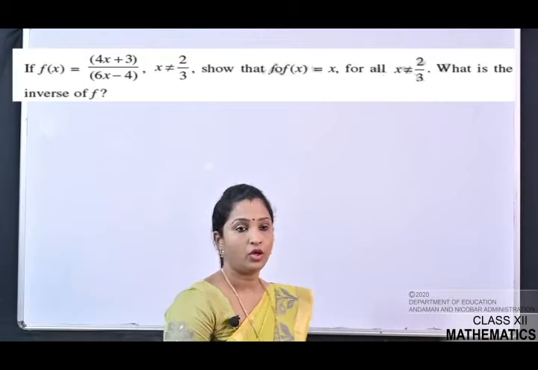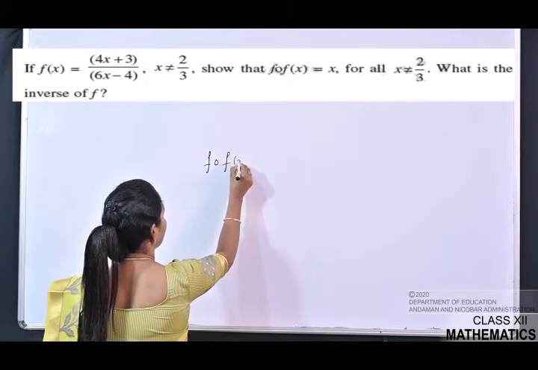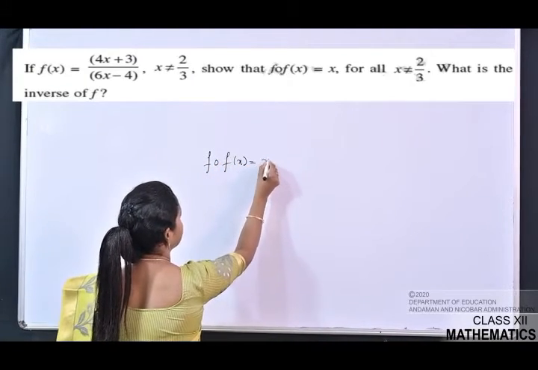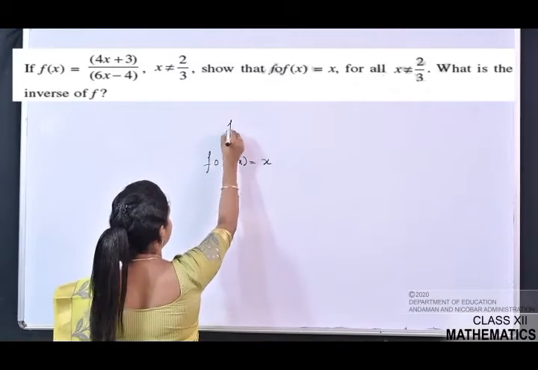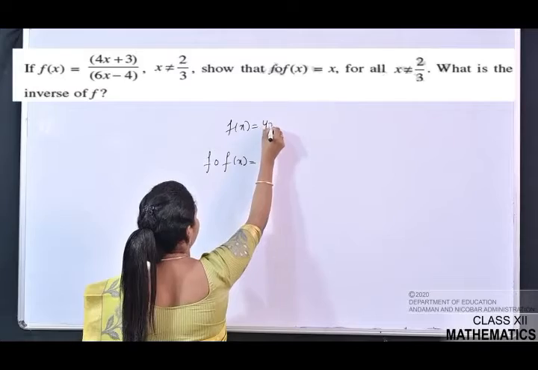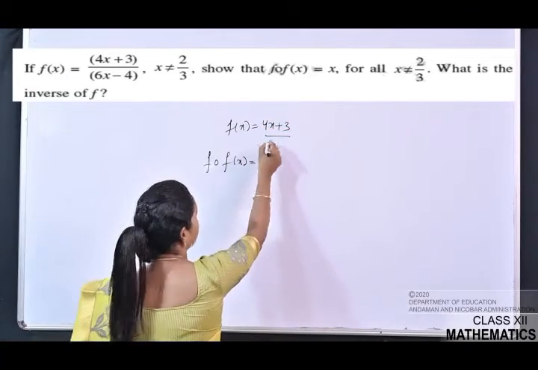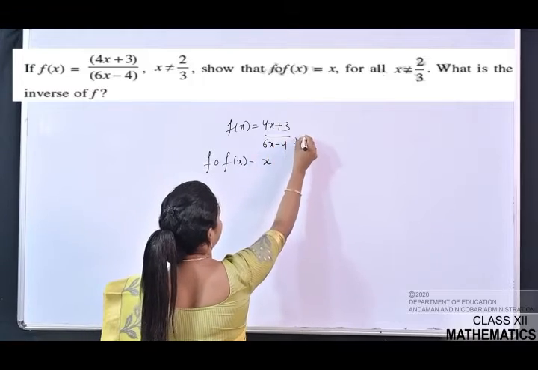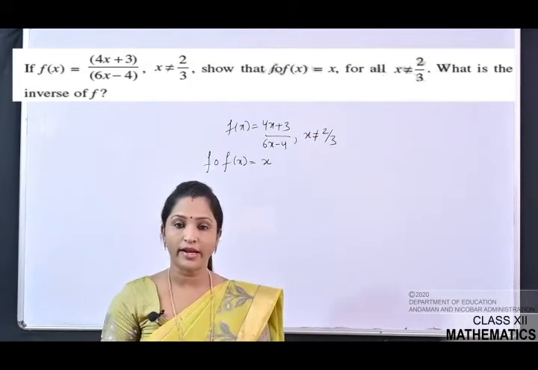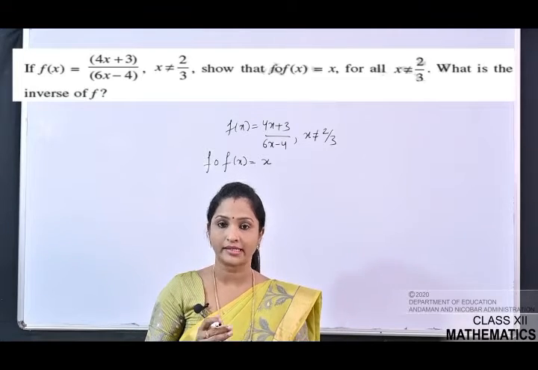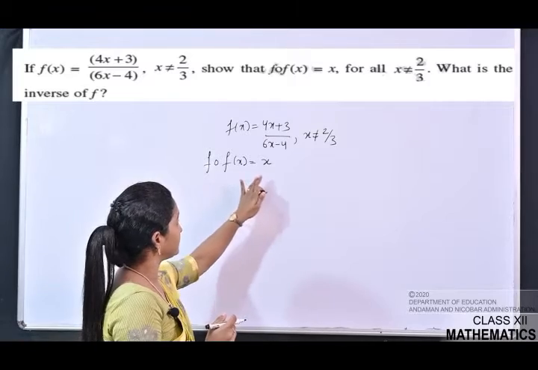That means you have to prove that fof(x) is equal to x. f(x) is equal to (4x plus 3) by (6x minus 4), x not equal to 2 by 3.